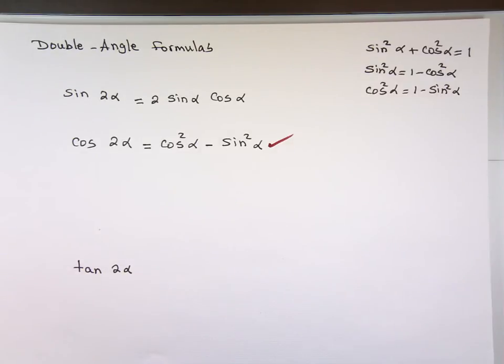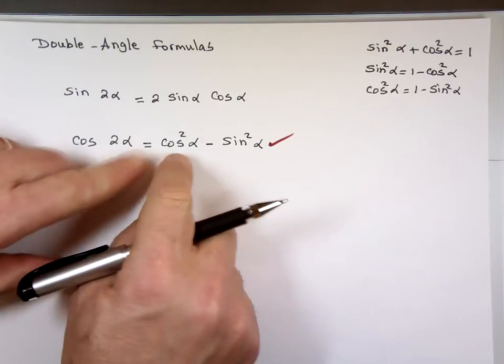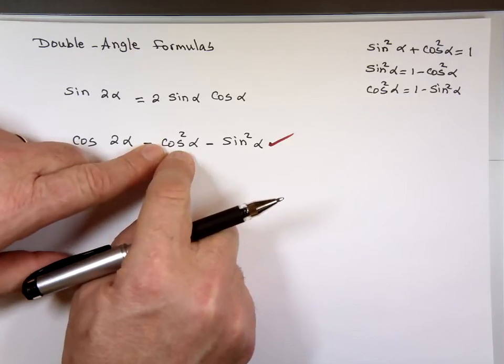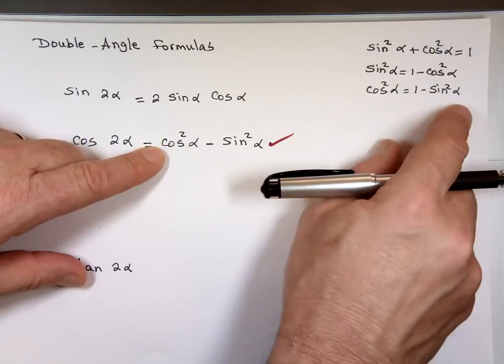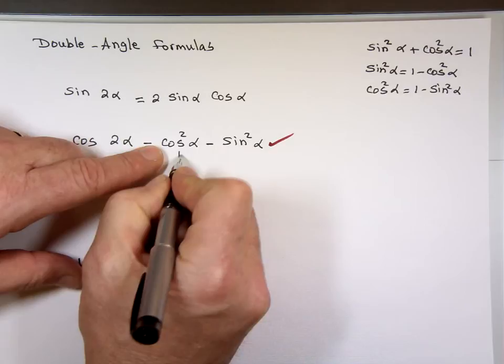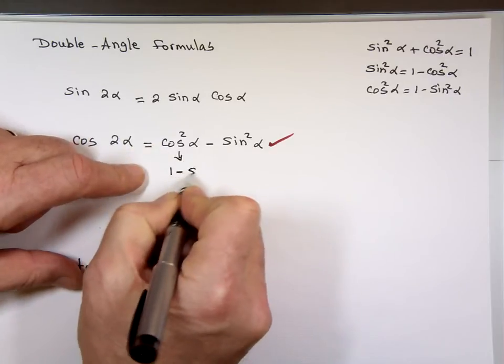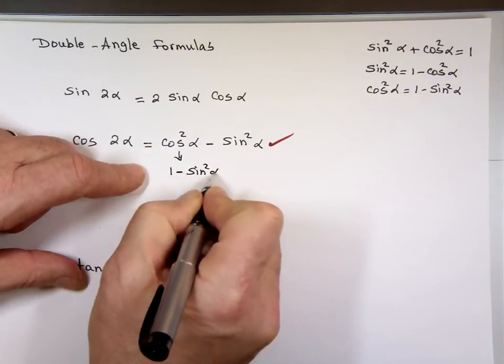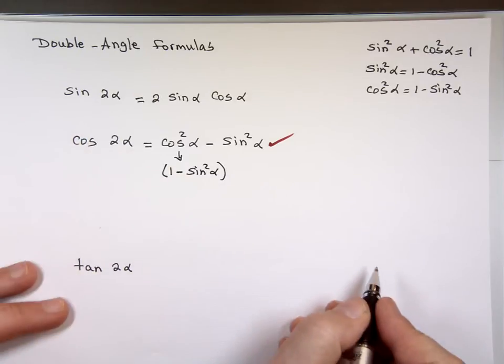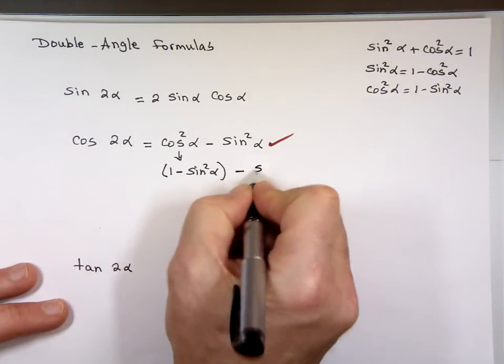So when you look at the cosine, there's always three identities. Why three? Because they play with the algebra. Let's take that cosine squared and replace it with 1 minus sine squared. That's what cosine squared is, minus the sine squared.